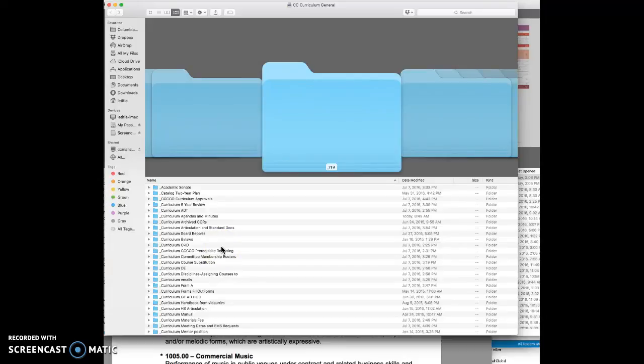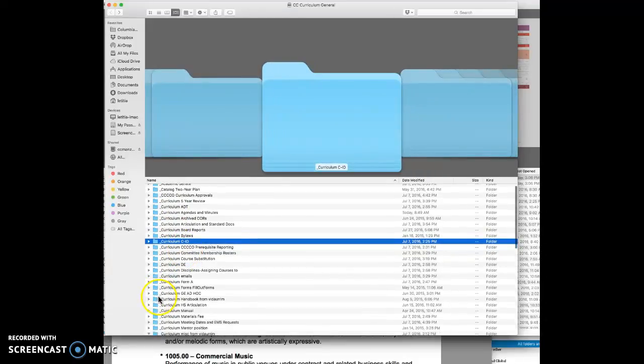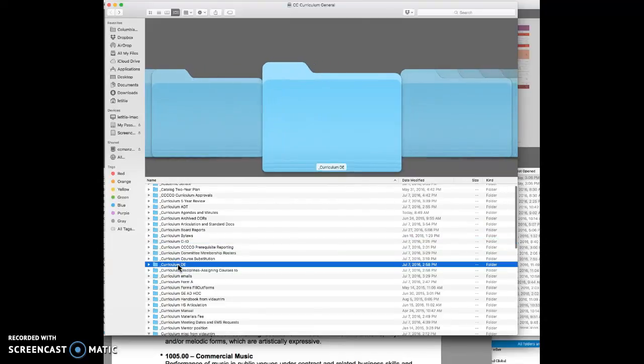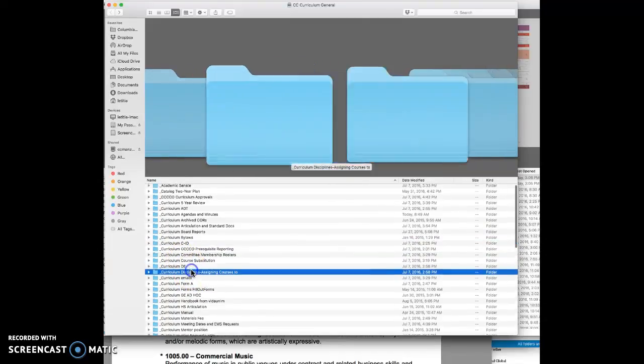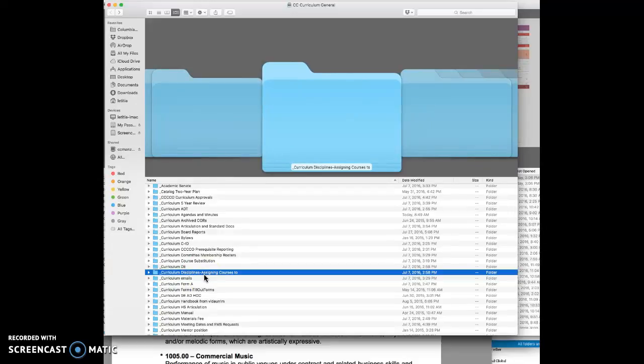It should contain things like bylaws, anything pertaining to CIDs, projects that you work on for curriculum. DE stands for distance education, the disciplines process. All of these are topics that have come up in the past pertaining to curriculum.